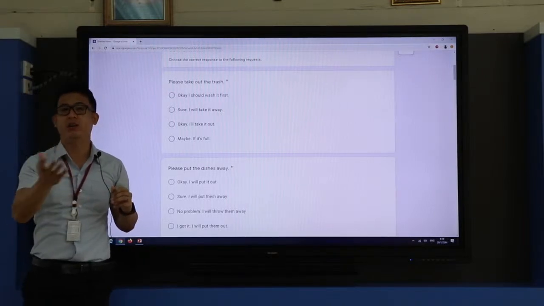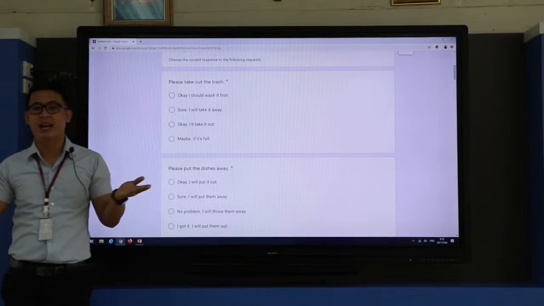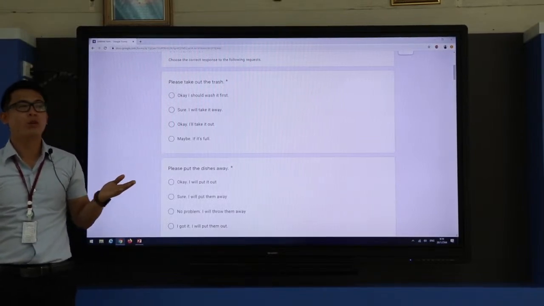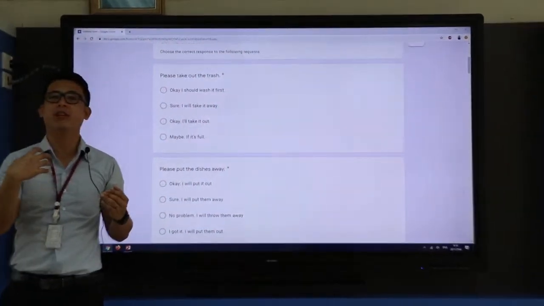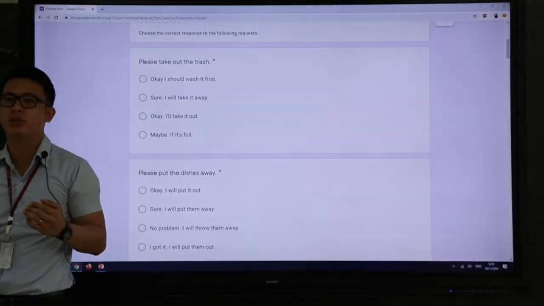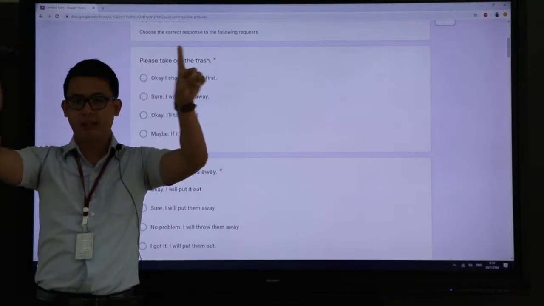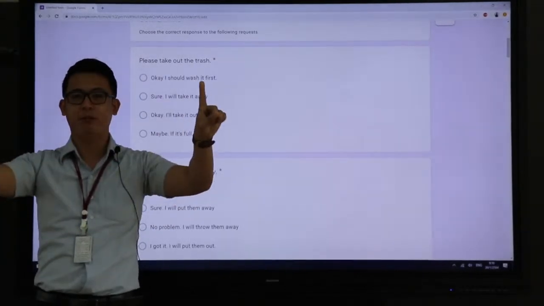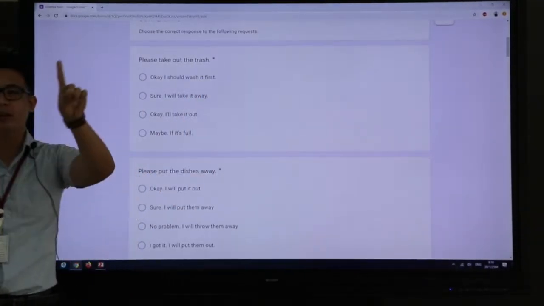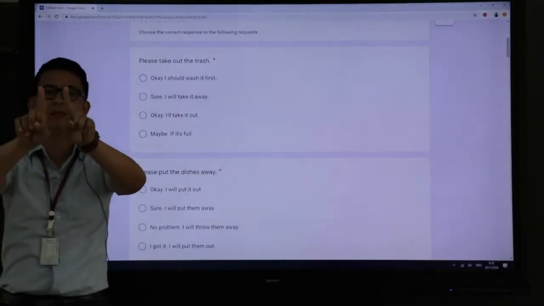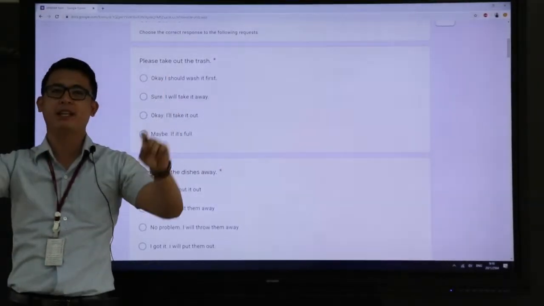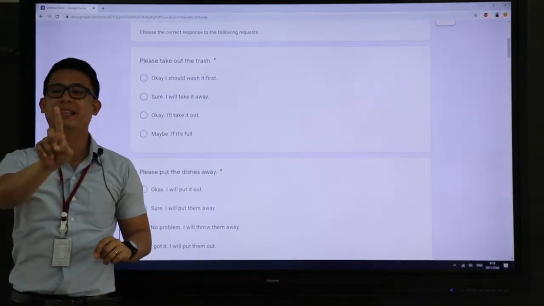That is correct. Or you can say, take out the trash, it's also correct. But when you give your response using pronoun, it should always be separated. The phrasal verb should always be separated, and the pronoun will always be in the middle.